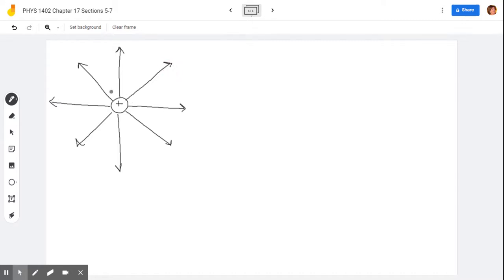Notice the field lines are closer together when you're close to that charge. As you get farther away, that electric field is an inverse square law. It reduces as 1 over r squared. Now, if we had a negative charge, the difference is our electric field lines now would point towards the negative because we know a positive charge would be attracted towards this negative charge.